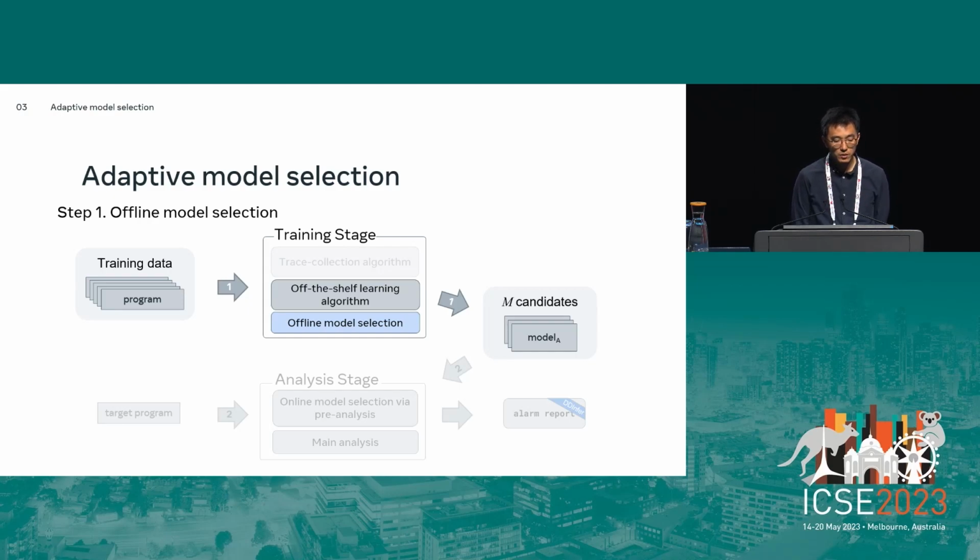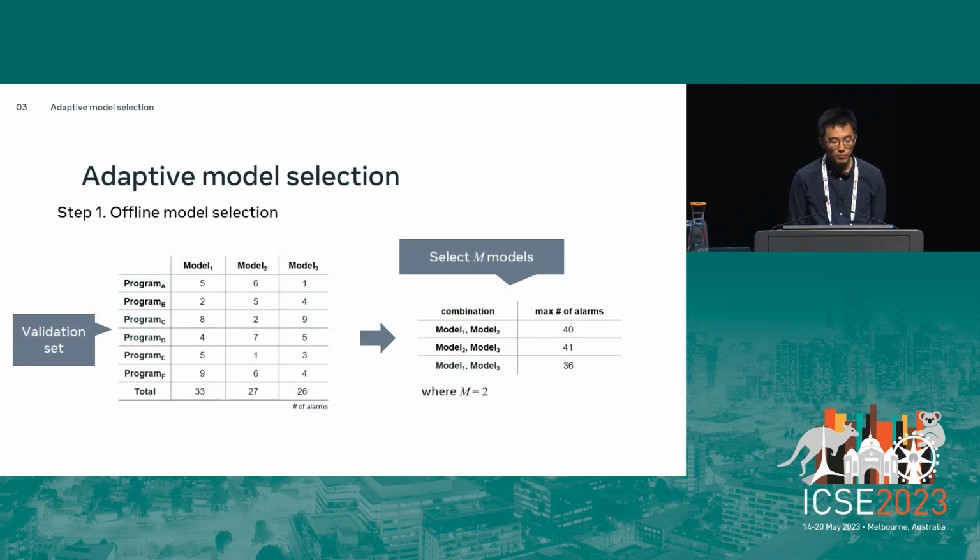The first step is offline model selection. At the end of the training stage, we use offline model selection to produce M candidate models. The table on the left side is the same: we produce alarm report tables depending on models. Let's say we want to select M models.